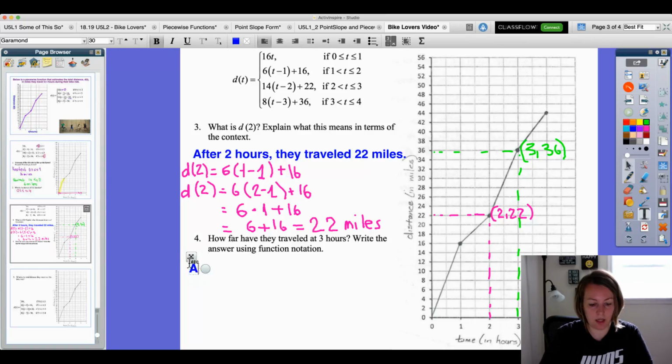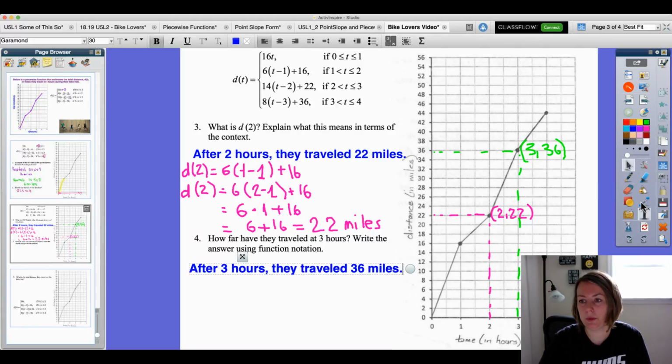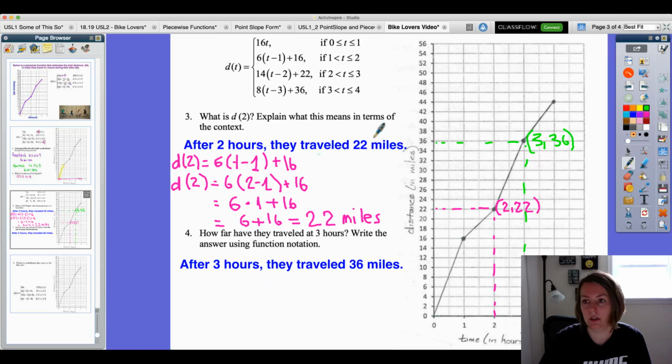So here we can say after 3 hours, they traveled 36 miles. And if I put this in function notation, it would be d of 3 equals 36. Remember, this is called function notation.